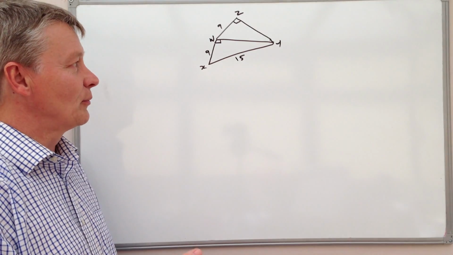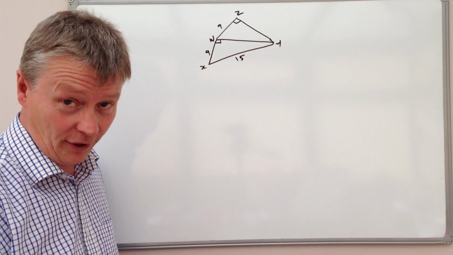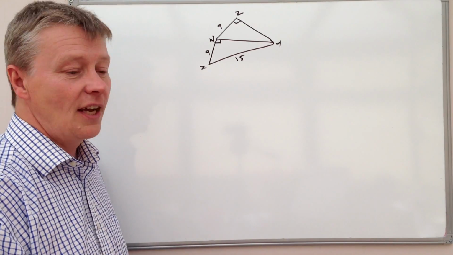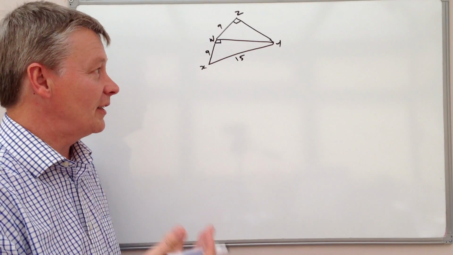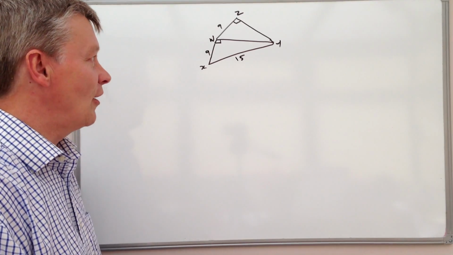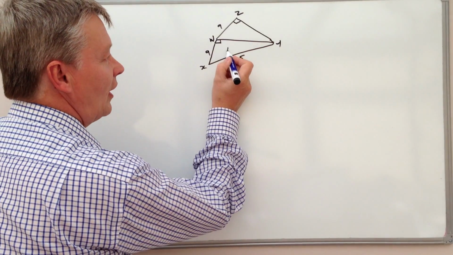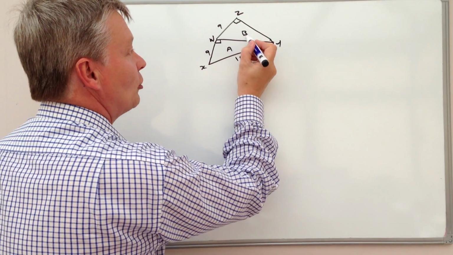The first thing we'll do is look at the triangles as two separate things, and I'm going to label them in a way that makes sense to me and is in keeping with a lot of the Pythagoras theorem: triangle A, which I've got more information about, and then triangle B.